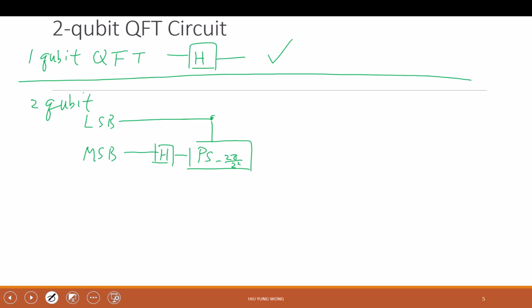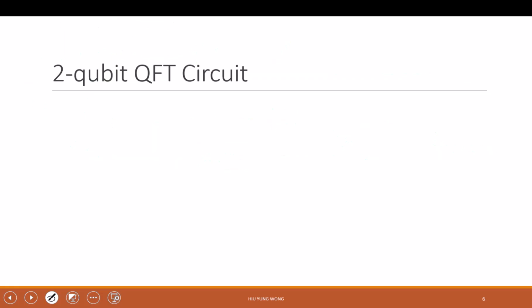I will explain more. And then a Hadamard gate. And then eventually you have this swap gate. And that is the output. Here you get the QFT. For example, if your input is psi, then the output becomes U_QFT operating on psi.